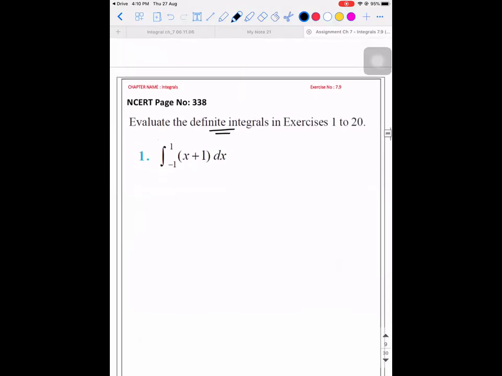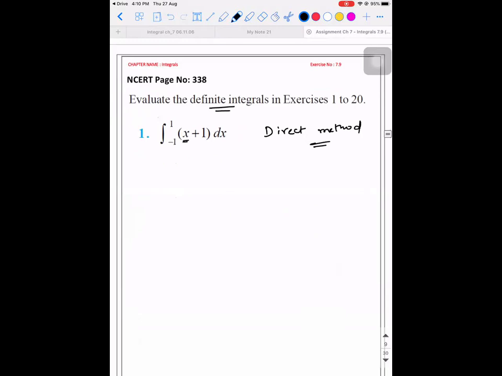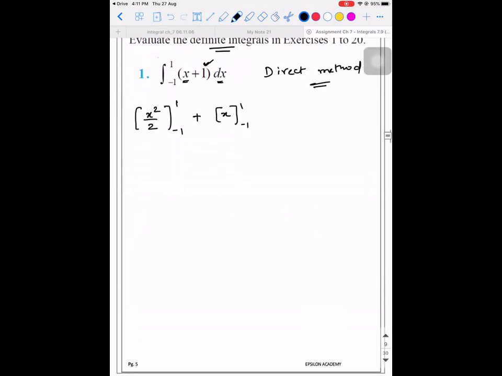It's simple, right? So you can follow the direct method. Integral of x dx is x square by 2, between minus 1 to 1, plus integral of 1 is x between minus 1 to 1. Now tell me what will be the answer.